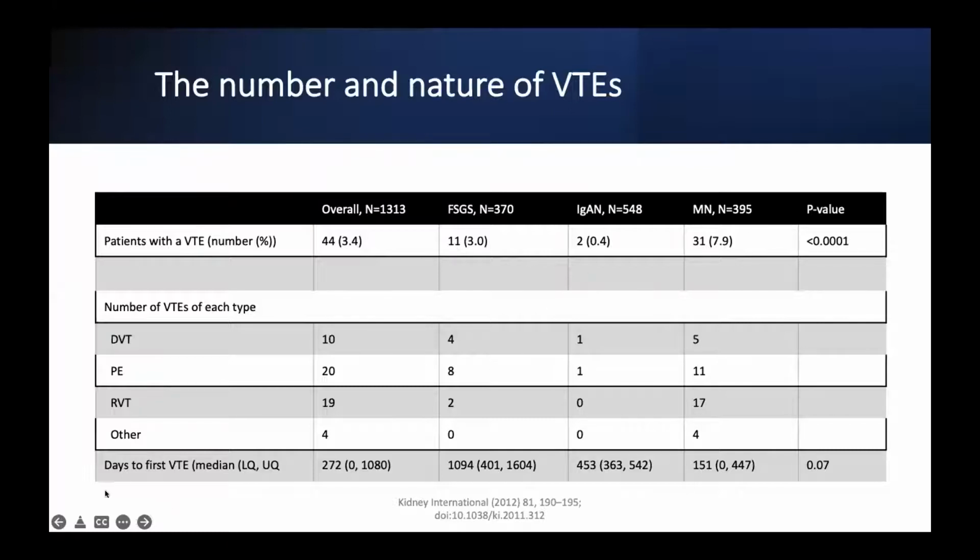Even the time to onset of first venous thromboembolic complication was 272 days as compared to 70 days in earlier publications. And even in membranous nephropathy, the median time to onset was 151 days. This might be due to improved diagnostic and treatment modalities.